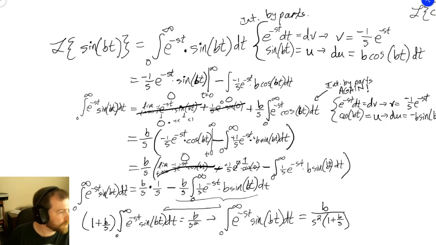Why don't I feel good about that? Okay, that was b over s squared. We had that. Should it have been negative? Allegedly.